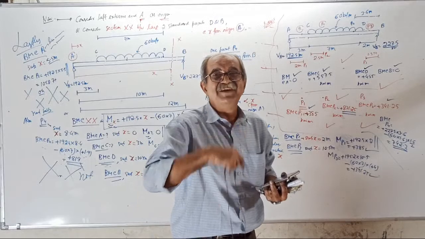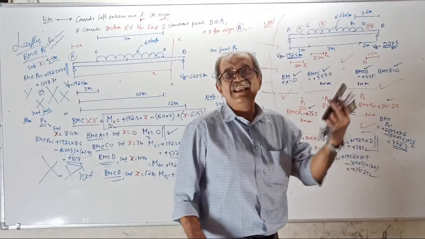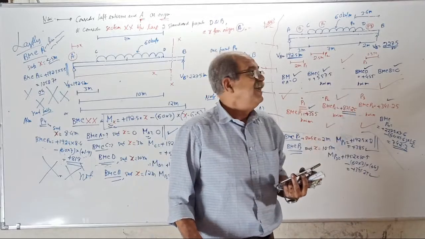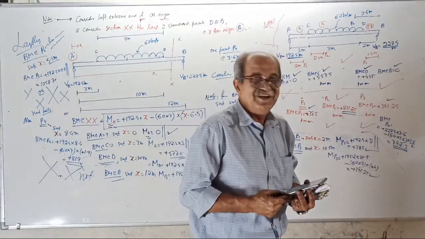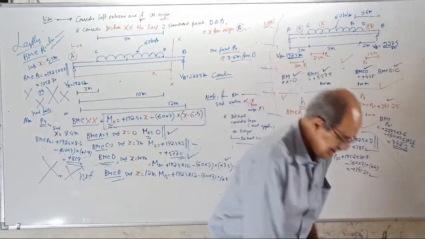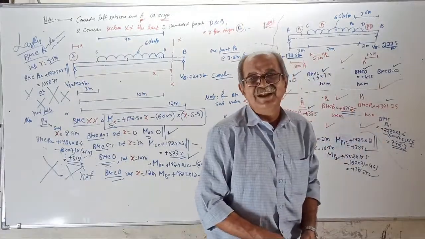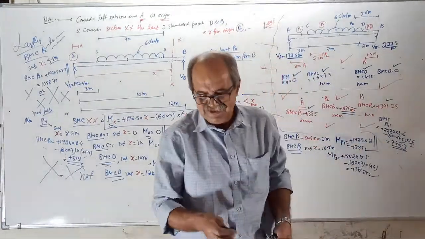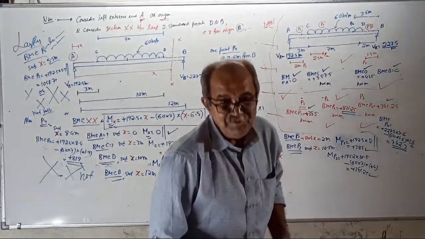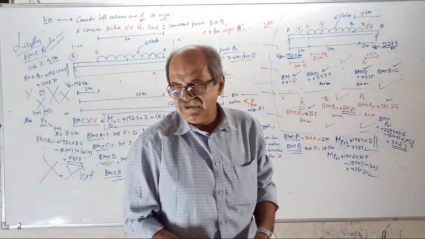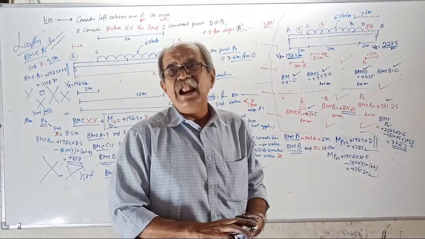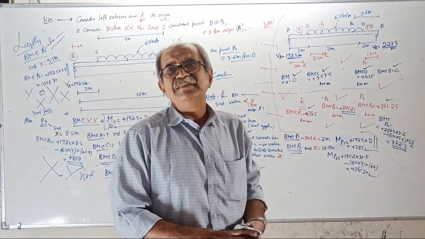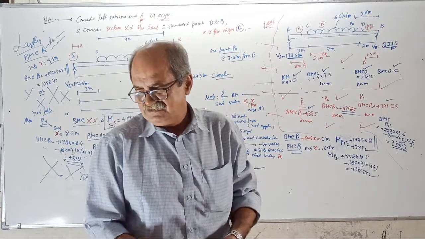Personally, you tell me the answer so that I can sleep peacefully today. Otherwise, I will be in terrible tension. Okay, leave it now. Message me personally. Don't message in the group. Those who are in the BSK batch. General public, they can message in the message box if you want.